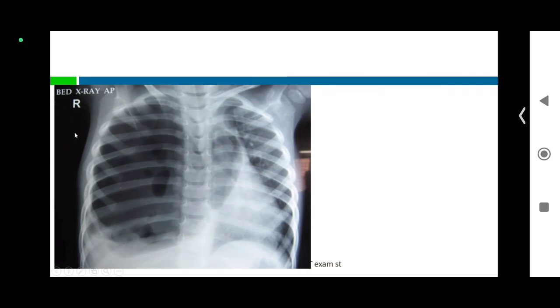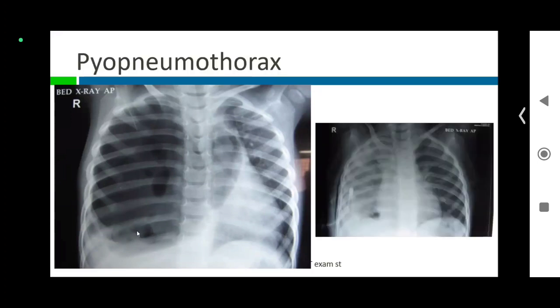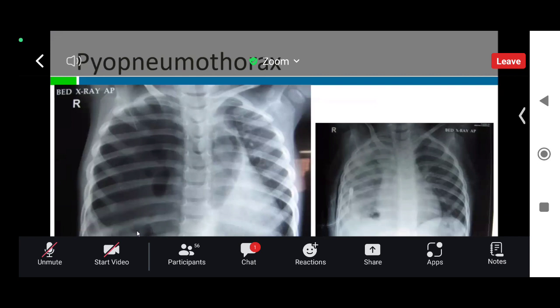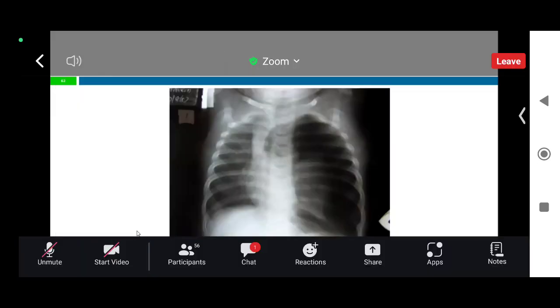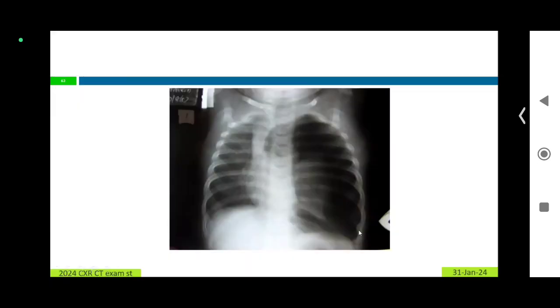Only if it is going to be jet black like outside the chest, you can call it a pneumothorax. Because it is in between, it is fluid plus air, it is a pneumothorax with multiple loculated cells. Okay? After you put an ICT, this is how the child becomes. Okay, what is this?